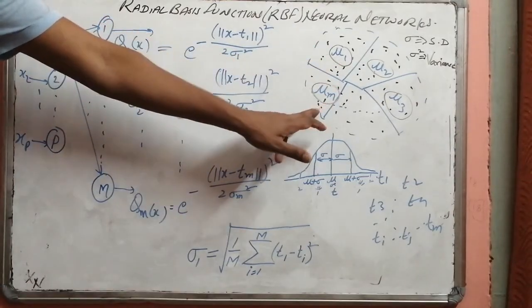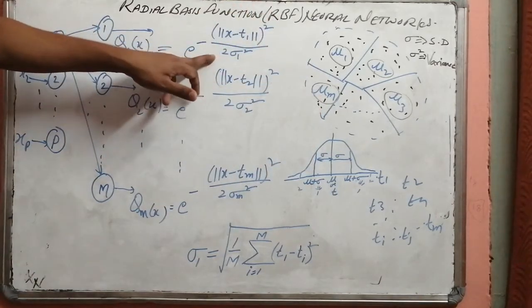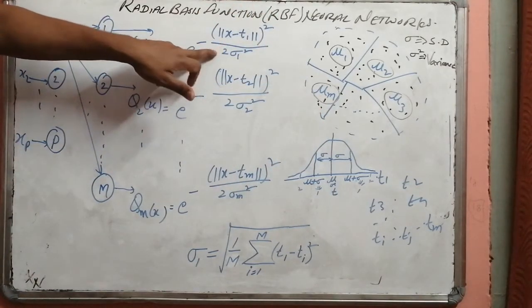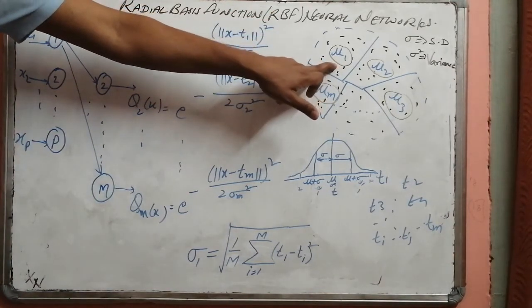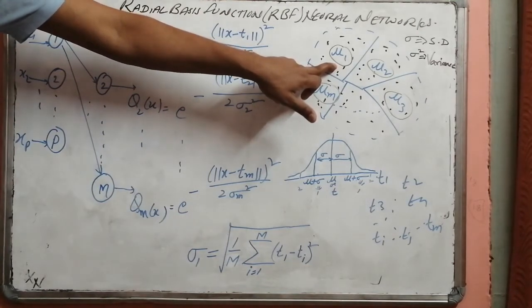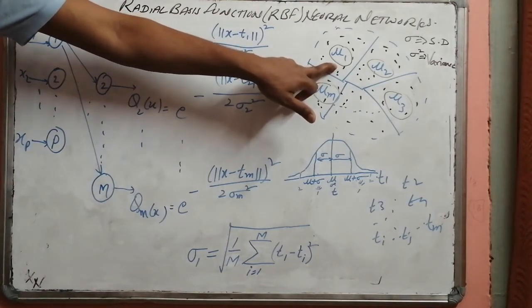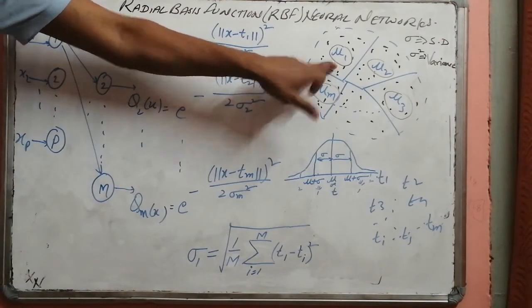Now each of these clusters can be seen in the form of a Gaussian distribution, and this Gaussian distribution has mean equal to mu1. So this mu1, or you can say the mean of your Gaussian distribution, is equal to the centroid of the clusters being formed using the nearest neighborhood method.